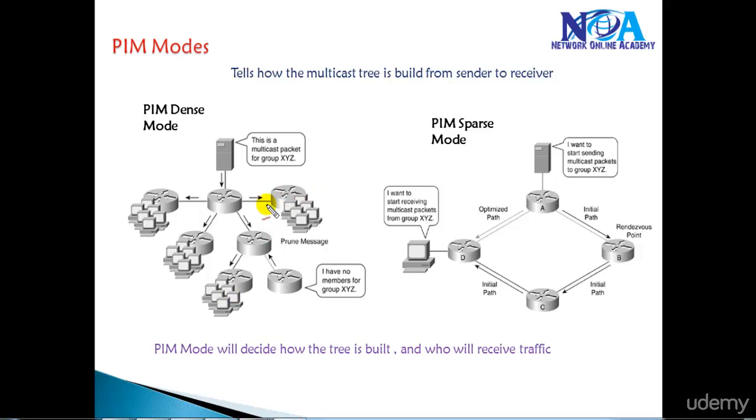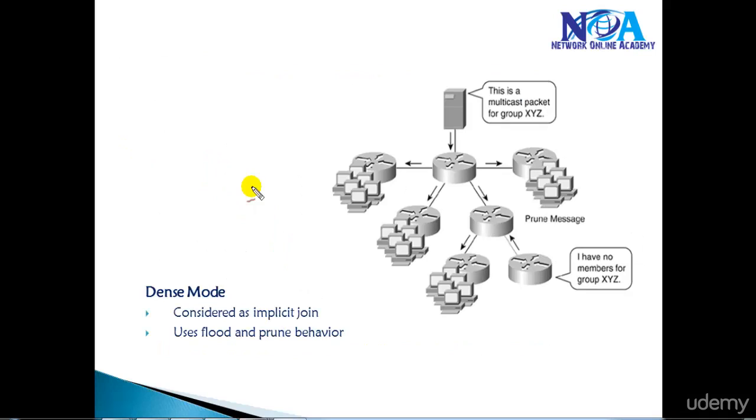Dense mode is a simple and very straightforward concept which works based on flood and prune behavior. Let us get into more detail on how it operates. In dense mode, it works with something called implicit join, where all portions of the multicast network will receive the traffic from all the servers unless you specifically say you don't want it.